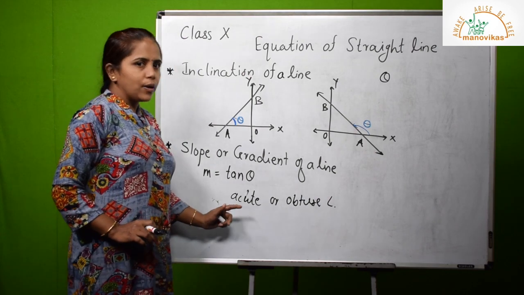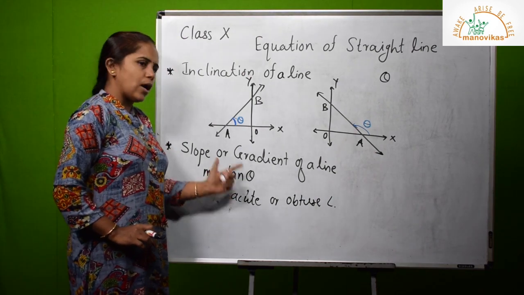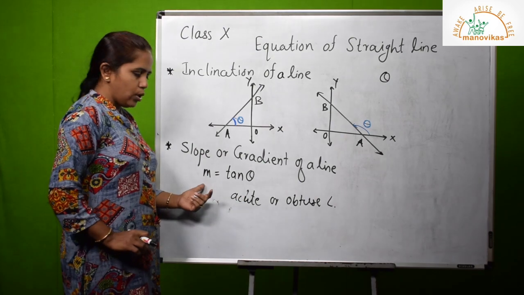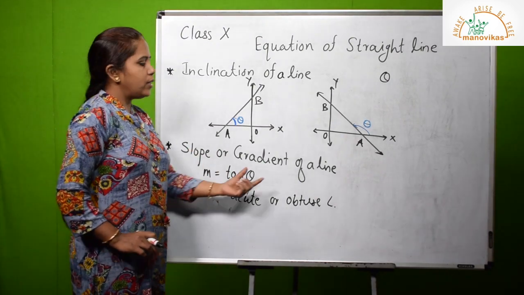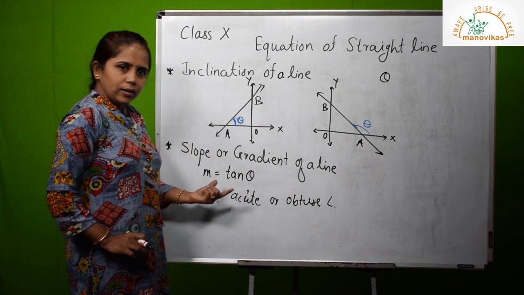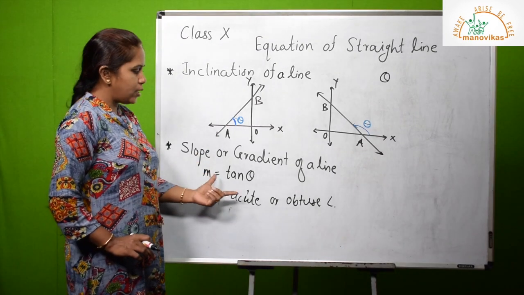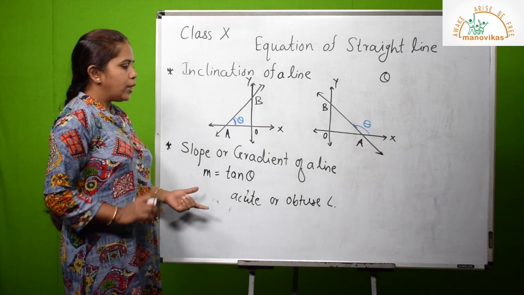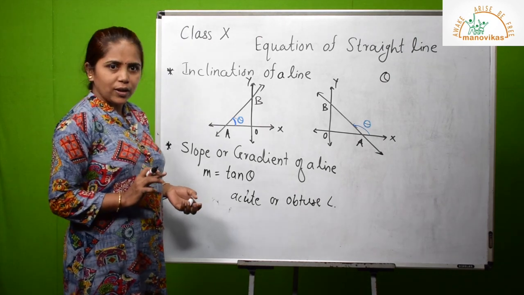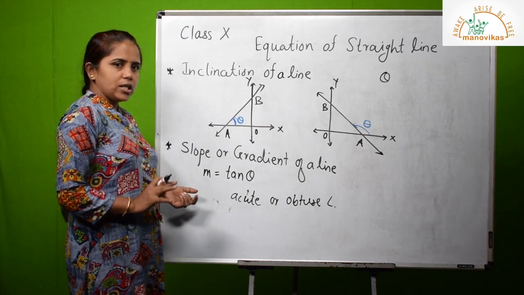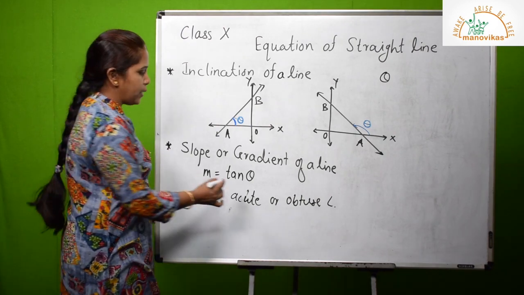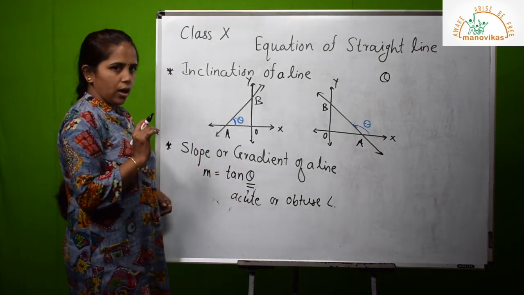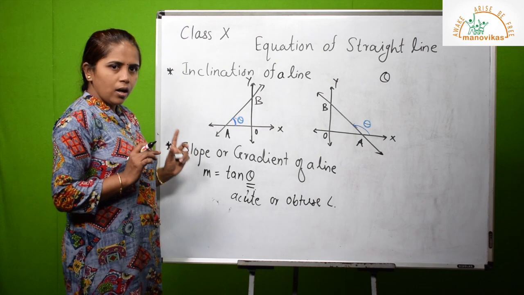When it is an acute angle, tan theta will be positive, so the slope value will be positive. When it is an obtuse angle, the tan theta value will be negative, so the slope value will be negative. Okay, understood? So the slope value or gradient of a line will be positive or negative. It depends on the angle theta, that is the inclination of the line.